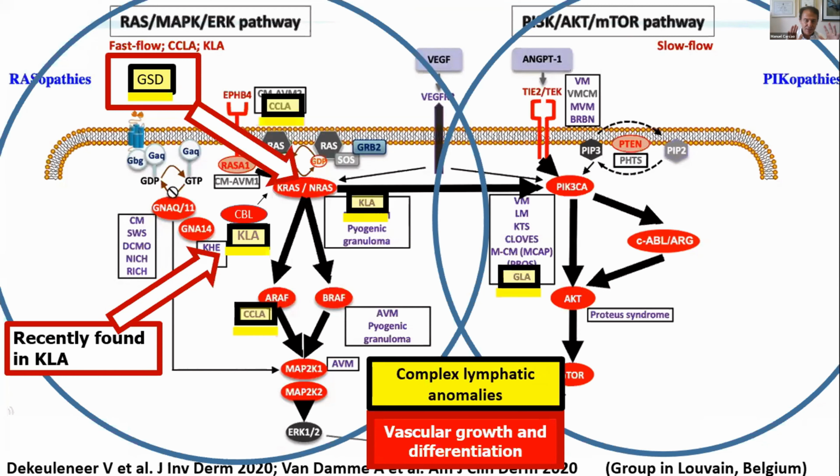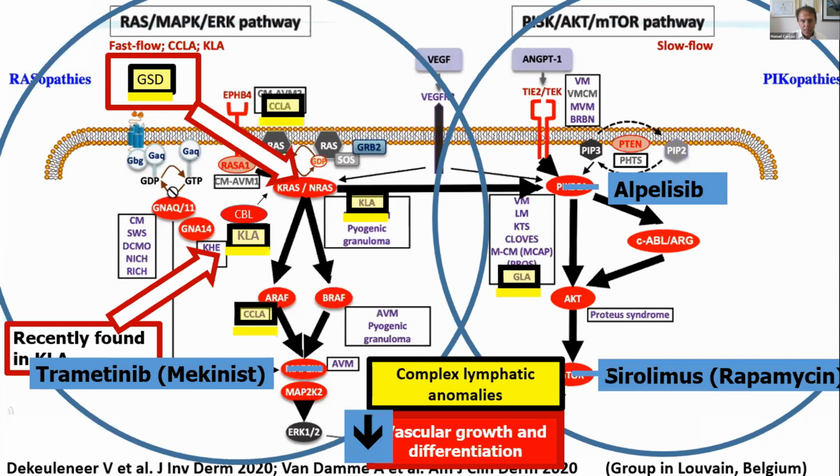And that is useful to distinguish: if you see a mutation in NRAS, you're thinking KLA. If you see a mutation in PIK3CA, you're thinking GLA. Knowing the genetics of these lymphatic anomalies, and of vascular anomalies in general, is very important because we now have some drugs that we know work in these pathways.